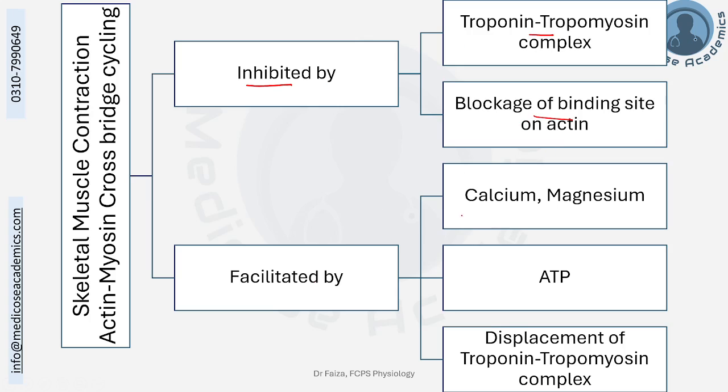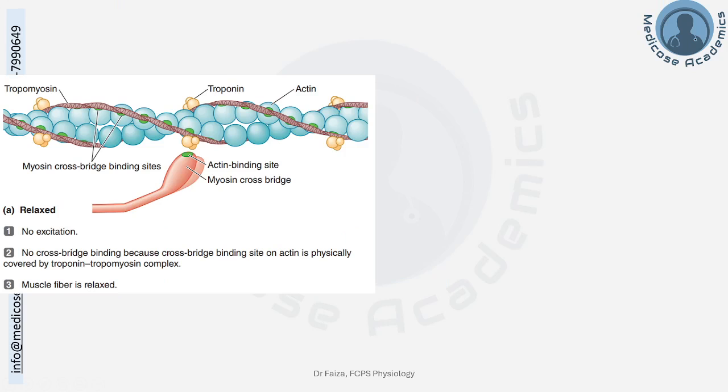Whereas it is facilitated by calcium, which adds to troponin C, and troponin C moves the tropomyosin out of the way. There is also some role of magnesium in facilitating this interaction. This is facilitated by ATP, an essential precursor for skeletal muscle contraction, and by the displacement of the troponin and tropomyosin complex.